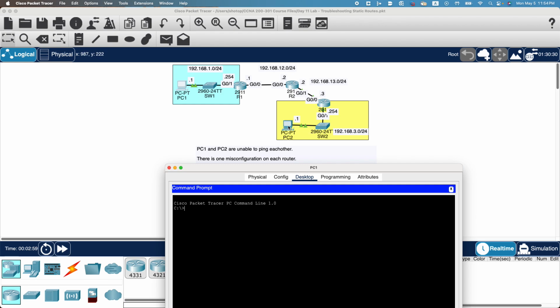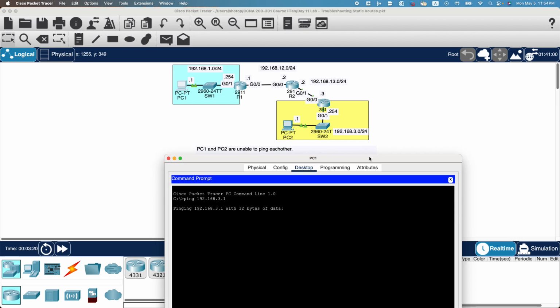PC2's IP address is 192.168.3.1. So from PC1's perspective, let's try to ping PC2's IP address, 192.168.3.1. And I believe this will fail.